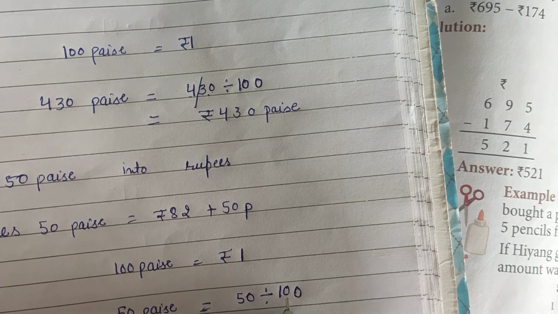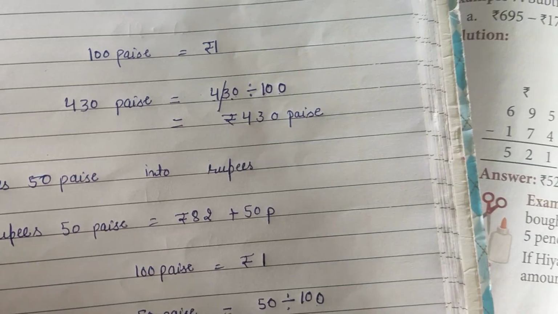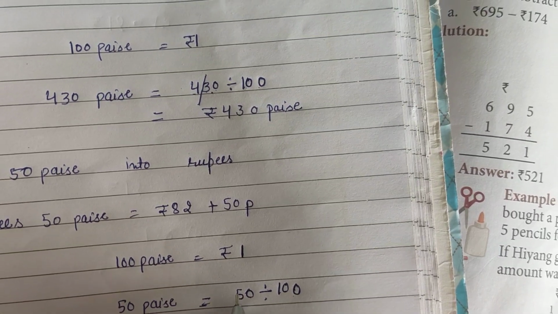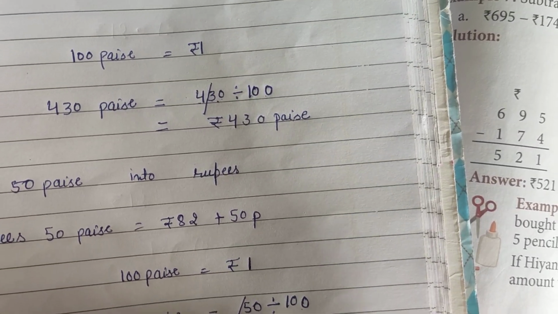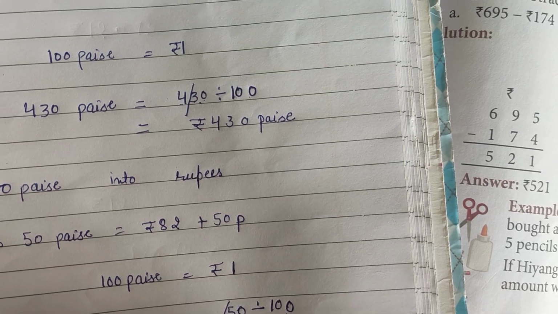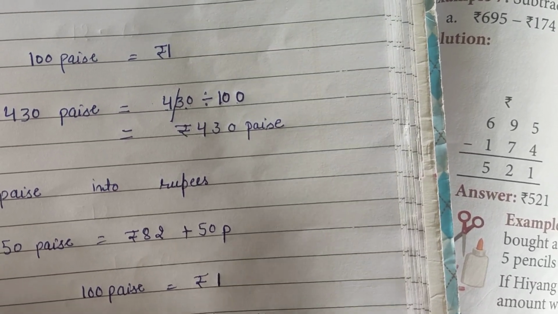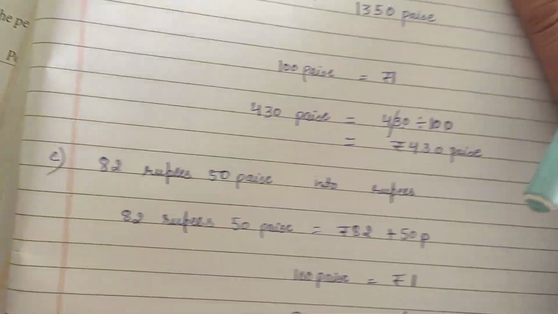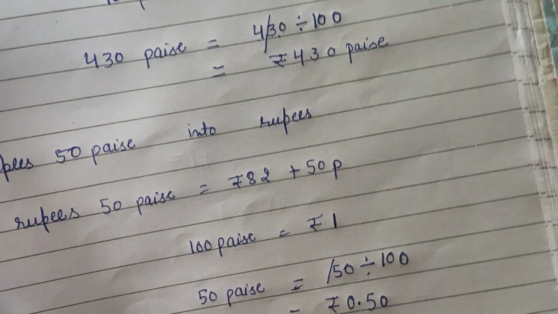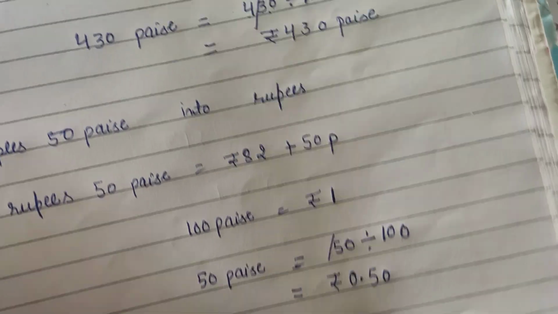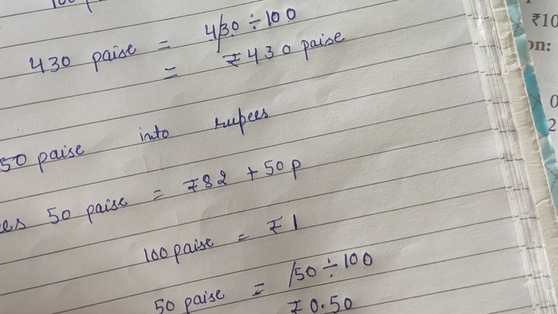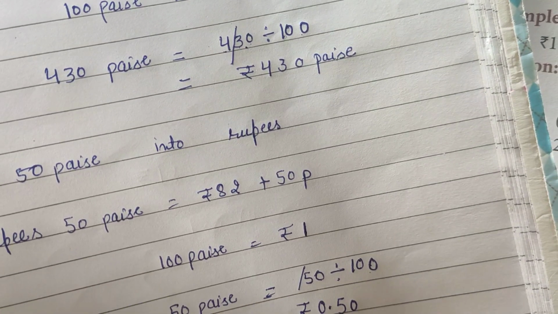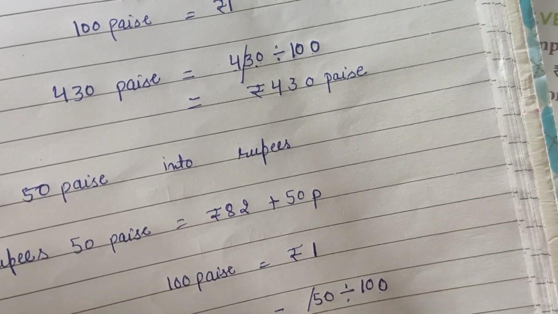How many zeros are in 100? 2. So we start from the right side, count two places, and place a slash. So I am having 0.50 rupees. Now do the final addition: rupees 82 plus rupees 0.50.